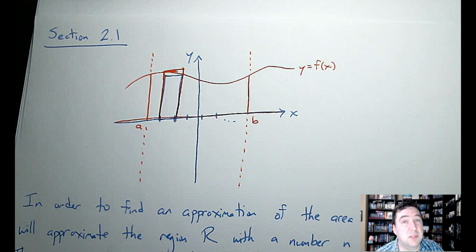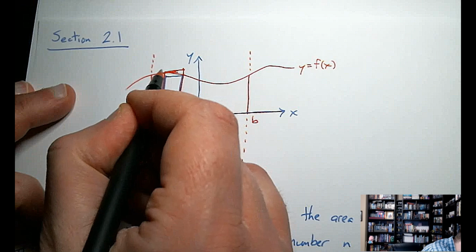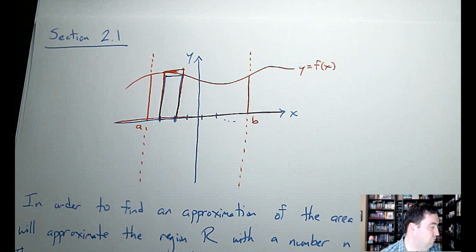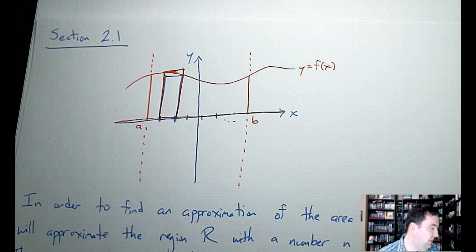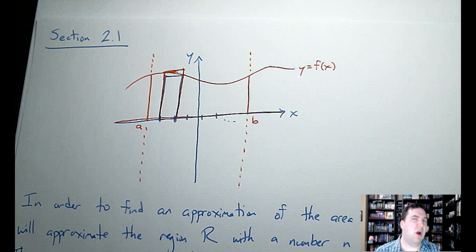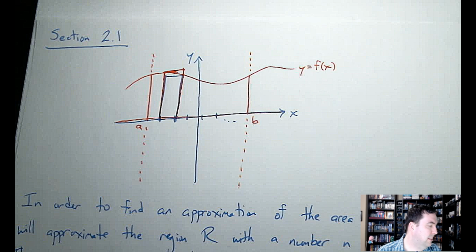Yeah, but that's got its problem too, because now we can see we're actually taking in slightly too much stuff. Okay. Huh. Well, that's probably not what we want either. So how are we going to pick the height of these rectangles? There doesn't seem to be an obvious answer to that question.